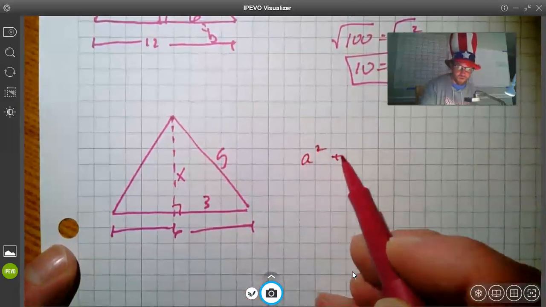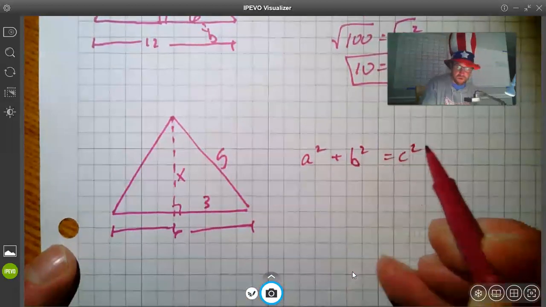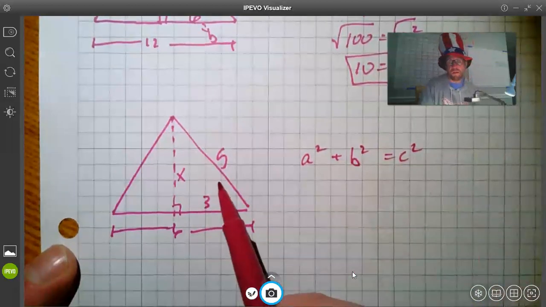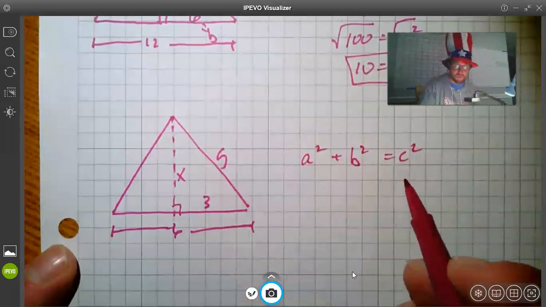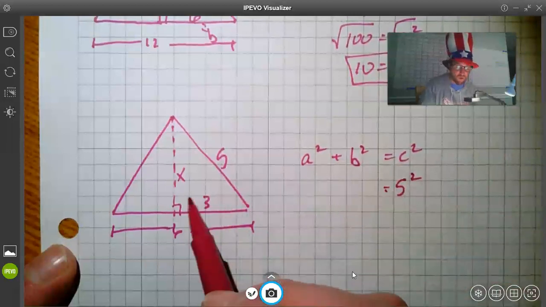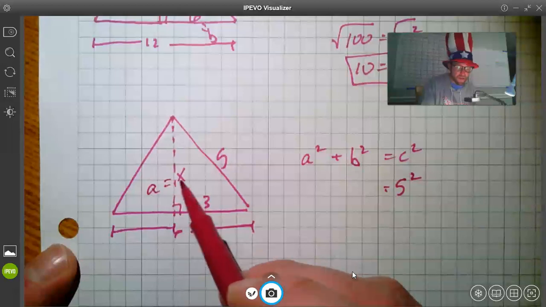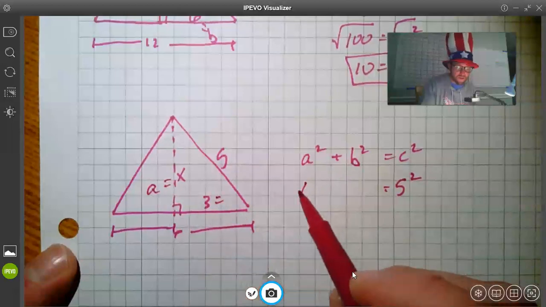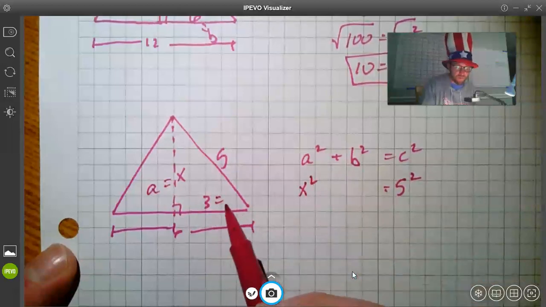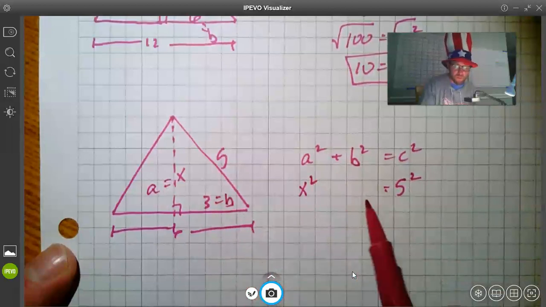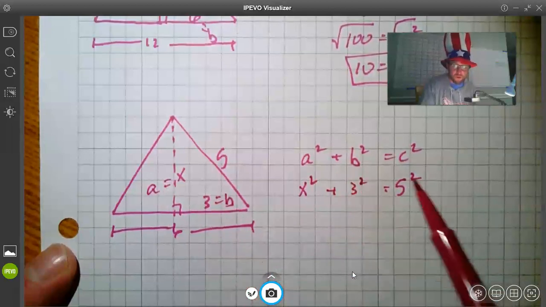So I've got a squared plus b squared equals c squared. Remember, c, the hypotenuse, is the long side. So the c is 5 squared. And these two don't really matter. I'm going to replace the a with an x squared, and 3 will be our b, plus 3 squared.